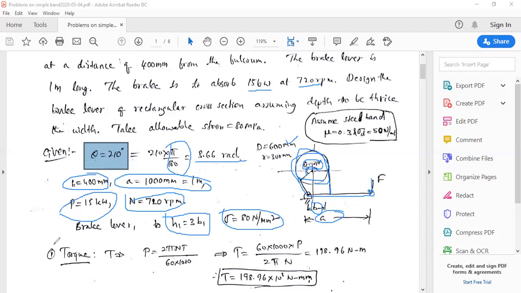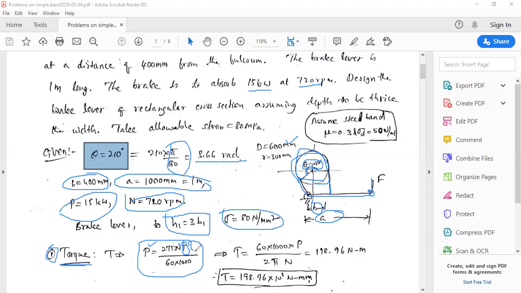As usual, according to the general procedure, initially we have to get the value of the frictional torque, that is, the torque required to overcome the friction during the application of the brake or during the absorption of power. Here we have the fundamental expression of power: P is equal to 2 pi n T divided by 60 into 1000. In this equation, we know the value of P and n, and pi and 2 are constants, so only the value of T is unknown.